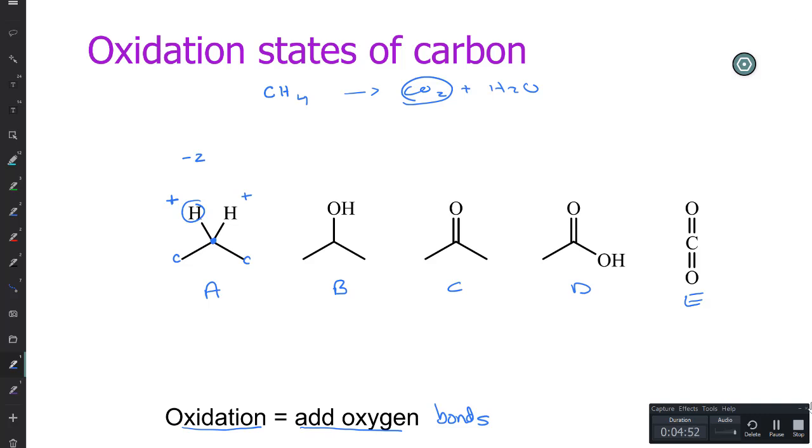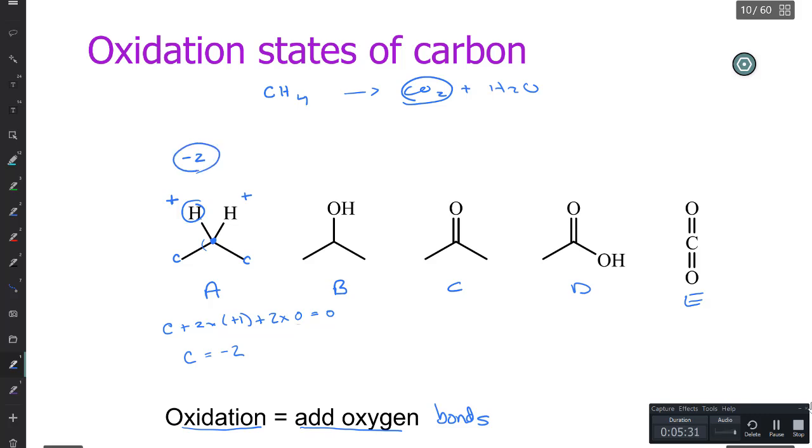So overall, the oxidation state at this point is the charge of carbon plus 2 times the charge of hydrogen, which is plus 1, plus 2 times the contribution of the carbon, and that's equal to the formal charge at that carbon that I marked, which is 0 as well. The result is that the oxidation state of carbon can be calculated as -2, which is what we got up here.